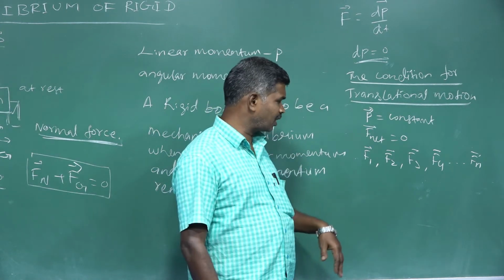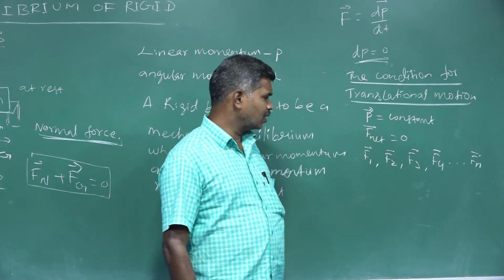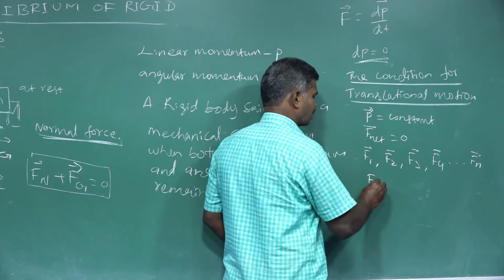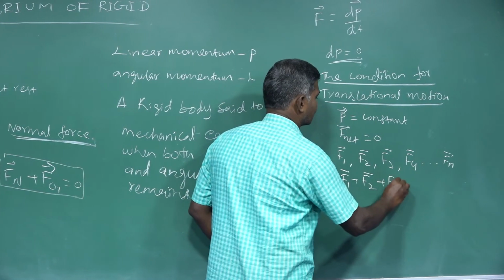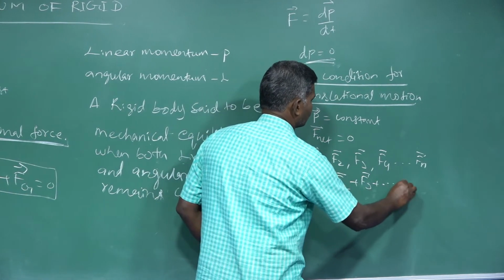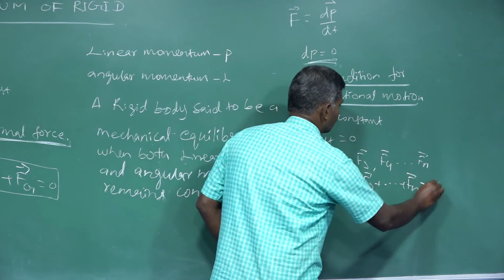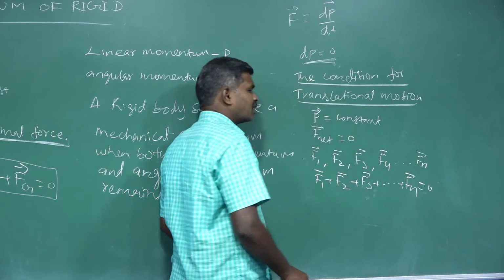So F1 vector plus F2 vector plus F3 vector, up to any number of forces, may become 0.